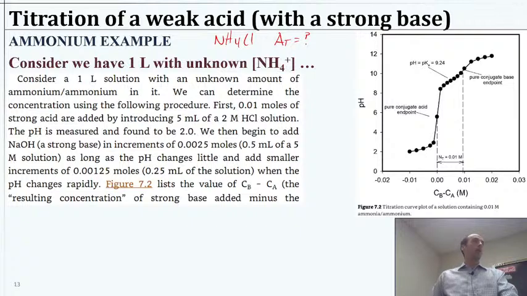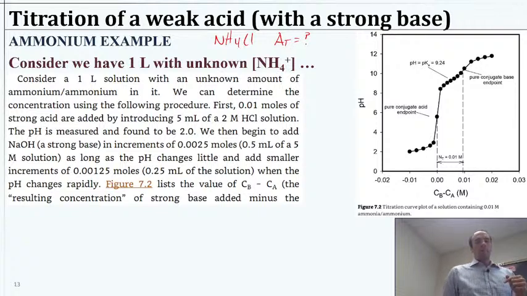But we can do our titration experiment and see how much base we add in order to observe something that happens to the pH. So all we need is a known volume of base that we're going to add and a pH meter. With those two pieces of information, which are fairly easy compared to some other stuff, we're going to try to find that AT concentration.